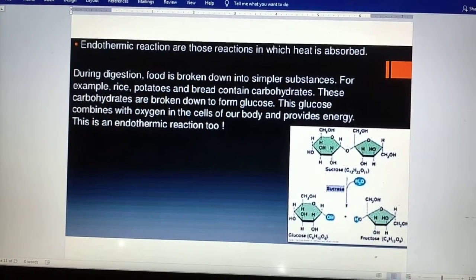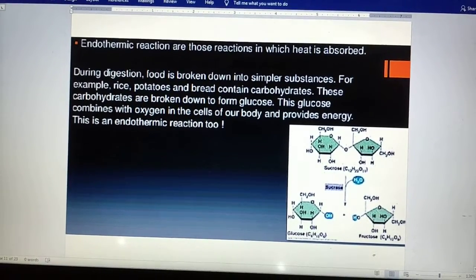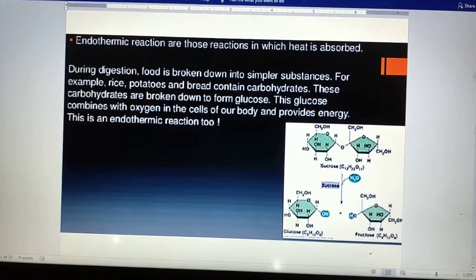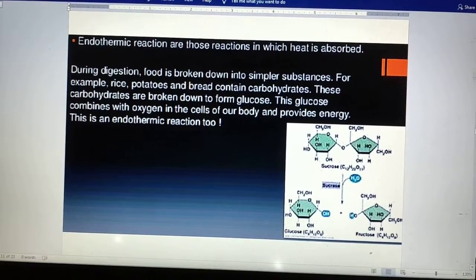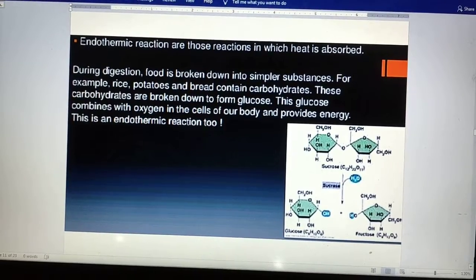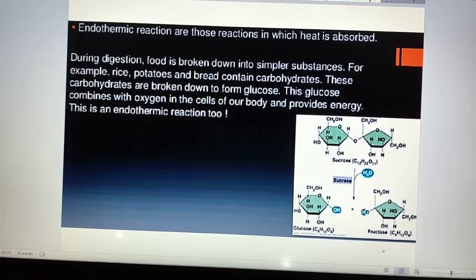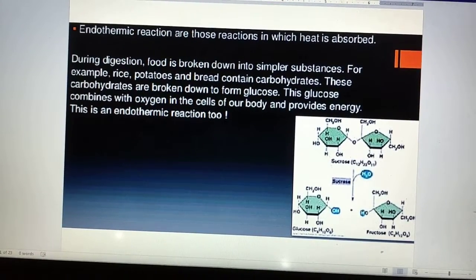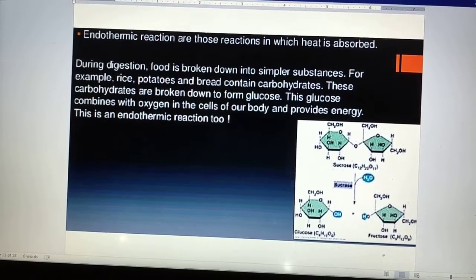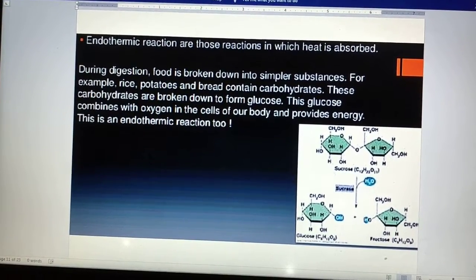There are other chemical reactions which are endothermic reactions. Endothermic reactions are those reactions in which heat is absorbed. These are other chemical reactions that must absorb energy in order to proceed. Photosynthesis is an example of an endothermic chemical reaction.